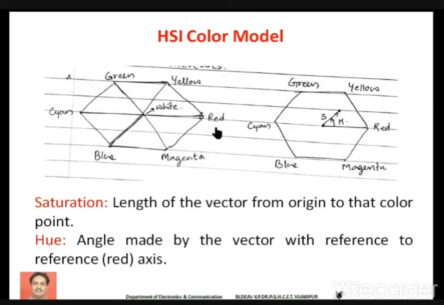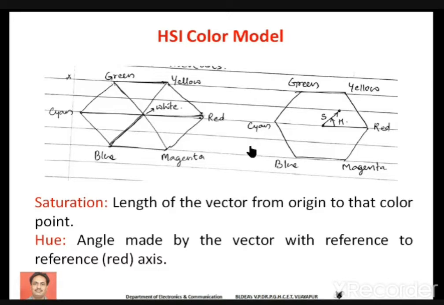Now, to measure hue and saturation, we use this particular diagram. If you look at this diagram, here we have a vector, which is indicated by this point and the origin.